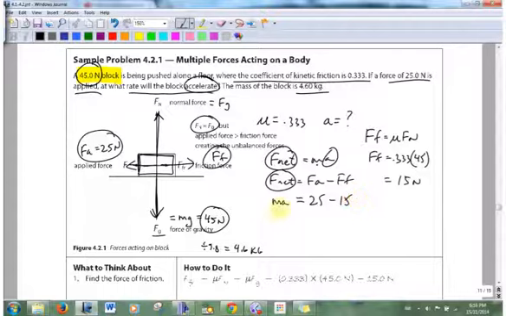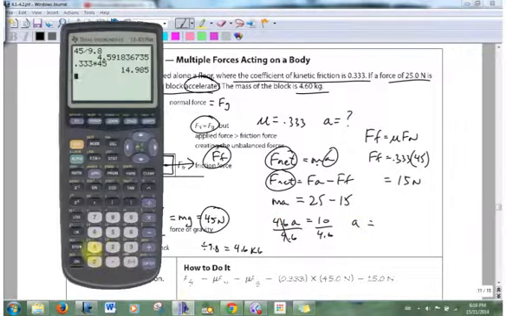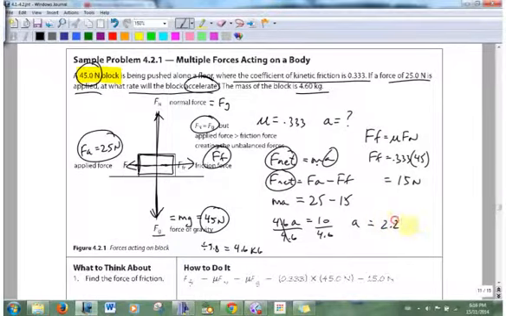Okay, so ma, what's m? I know it's 4.6. 25 minus 15 is 10. Divide by 4.6. So my acceleration is 2.2, let's round that, meters a second squared, which is the unit for acceleration.